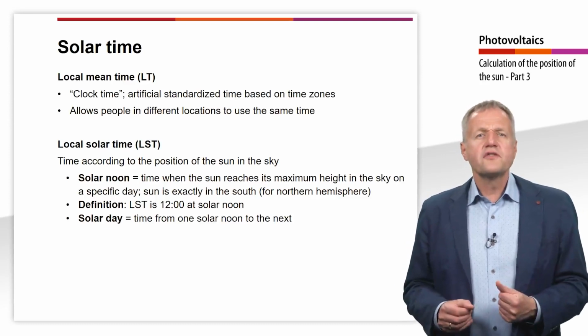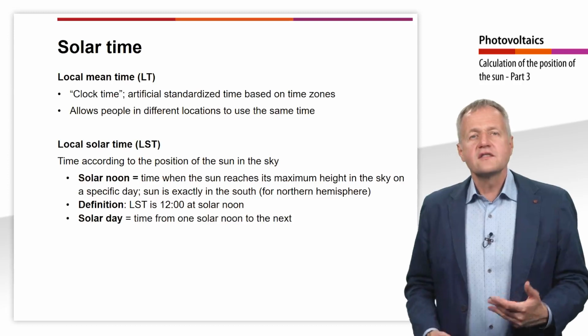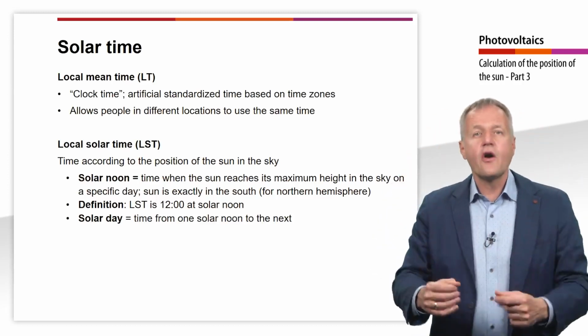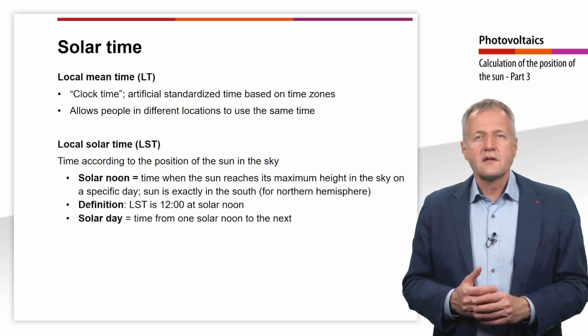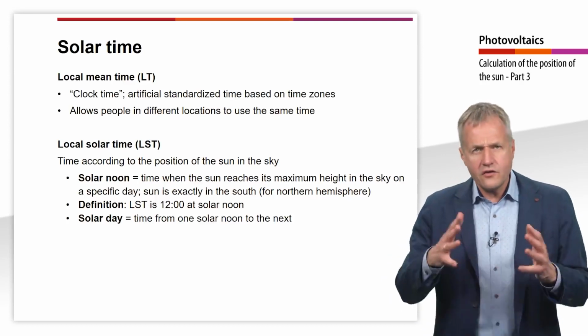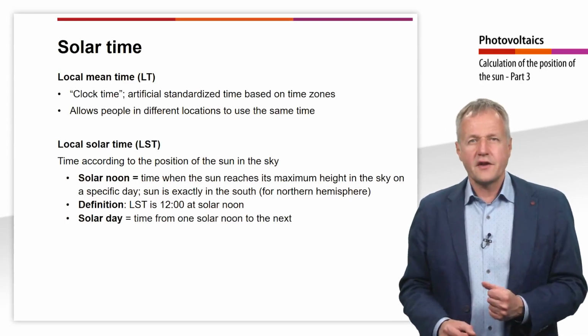We need to know the definition of solar noon. Solar noon is the time when the sun reaches its maximum height in the sky on a specific day. The sun is exactly in the south on solar noon, of course only in the case of the northern hemisphere.